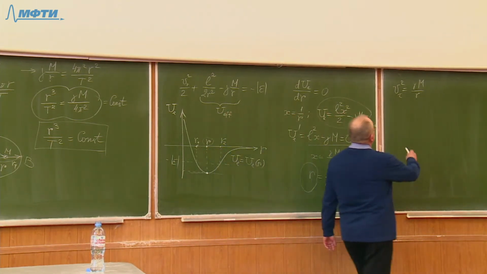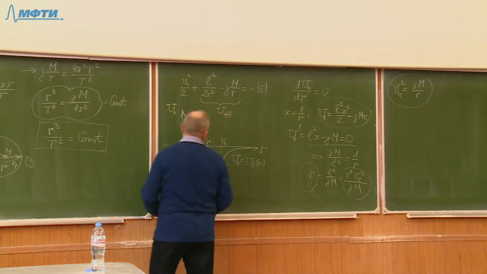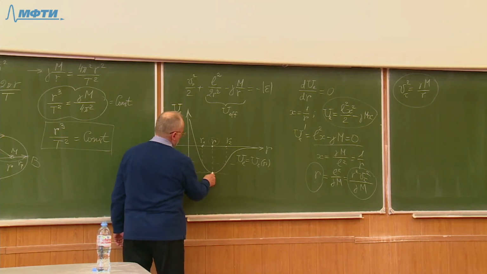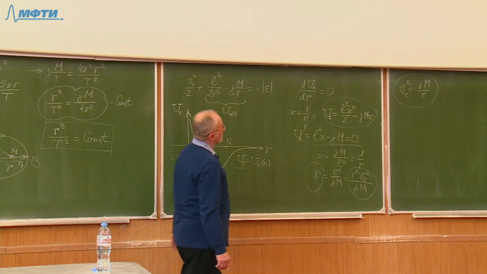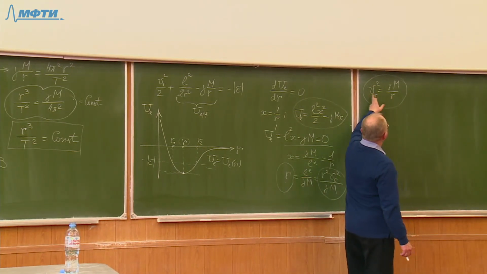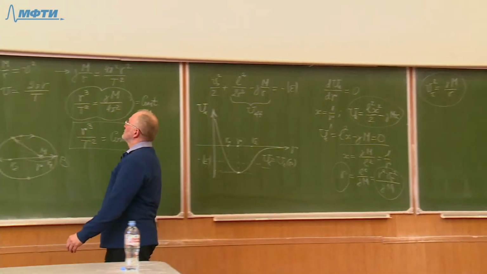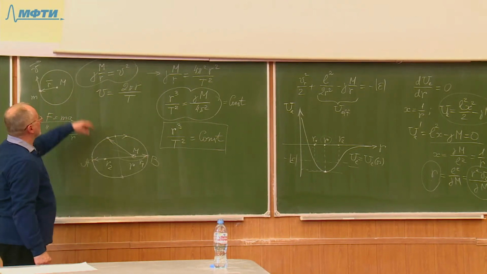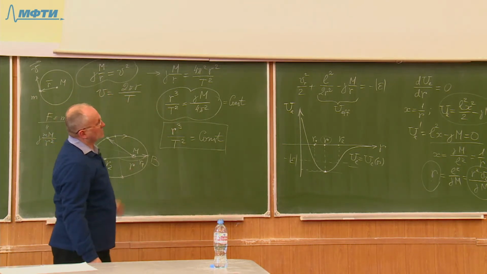So if you look at this formula for the tangential velocity, I started from considering the circular motion. The circular motion corresponds to the minimum of this function of effective potential. Then the radius of circular motion will be related to the velocity of the circular motion. If you look at this function, and at this function, which we have already obtained by a different way of reasoning, then you can see that these two equations are absolutely identical.